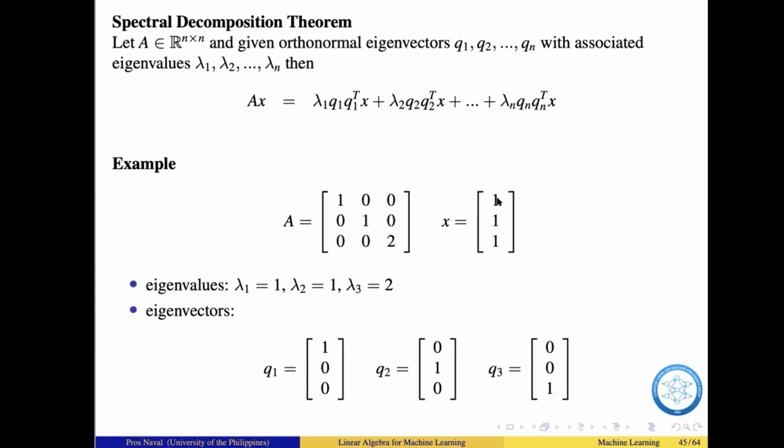It still is 1. This still becomes 1, but this becomes 2. So eigenvalues rather stretch the input vector in certain directions. This is doubled in size in this direction. So clear? I hope that's clear.